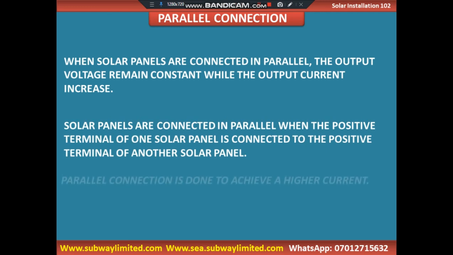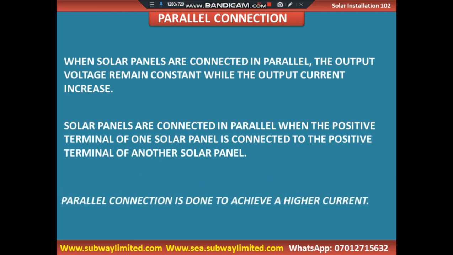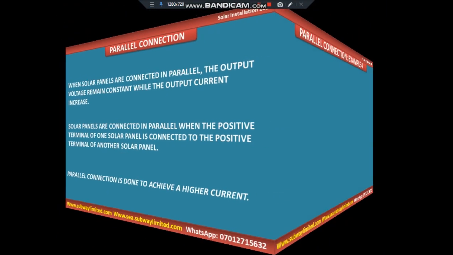But in parallel connection, the positive terminal of one panel is connected to the positive terminal of another, as we will see in the course of this training. Parallel connection is done to achieve a higher current. If you need a higher current to charge maybe your battery, or as the case may be, depending on the specifications of the component on site, you should know how to connect your solar panels.